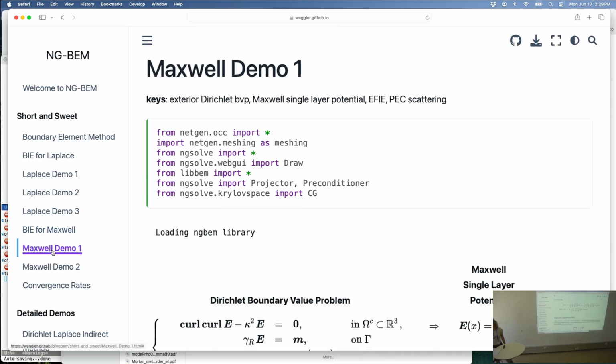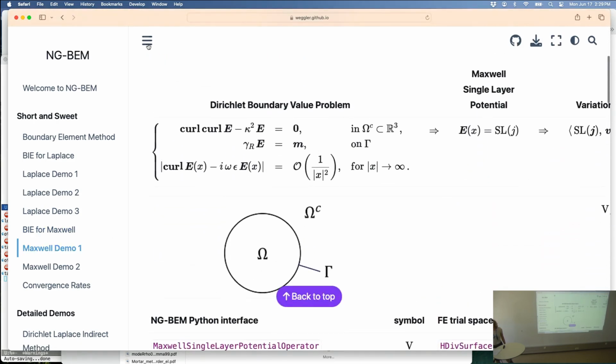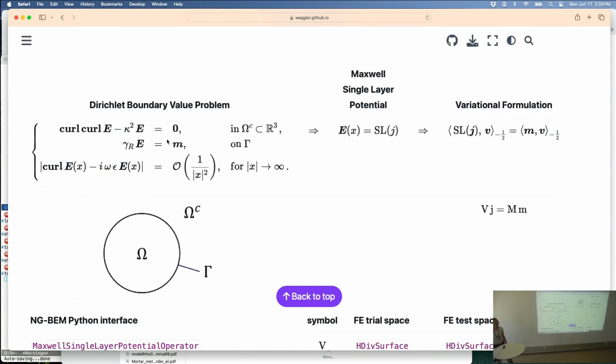The classical problem that we study is the PEC scattering problem, meaning that you have a bounded domain with a perfectly conducting boundary, and you look for the scattered electromagnetic field. So this is the scatterer, and you solve an exterior problem, and this is the PDE that you solve.